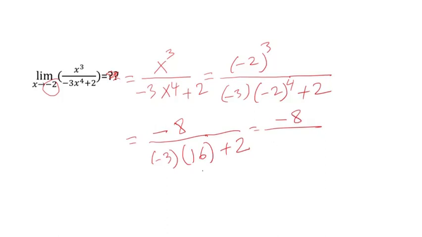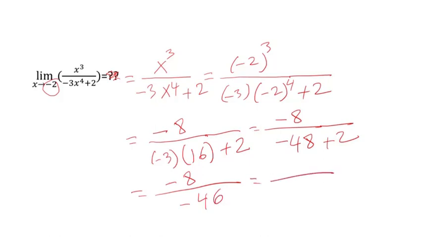So negative 3 times 16 is negative 48 plus 2. So this equals negative 8 divided by negative 48 plus 2, which is negative 46.